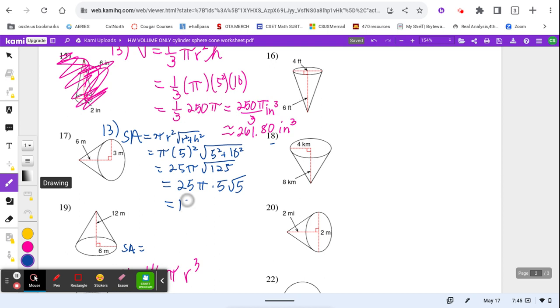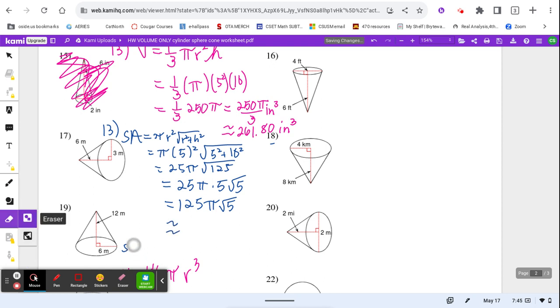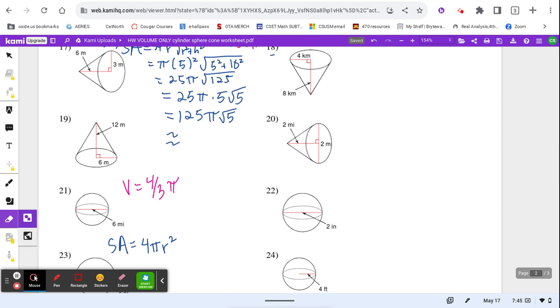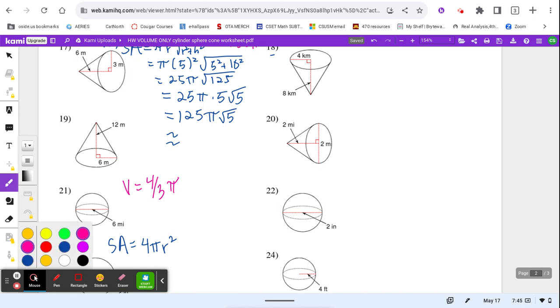And then 5 times 25 again makes 125 pi root 5. Putting that into a calculator for the decimal answer, I'm getting 878.10, and the units on this is meters squared.